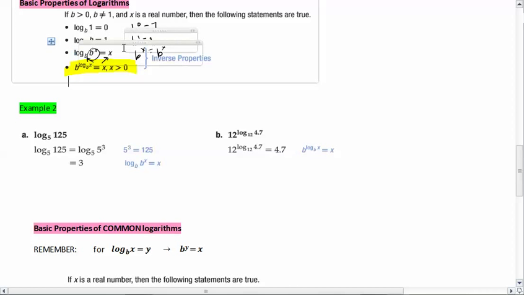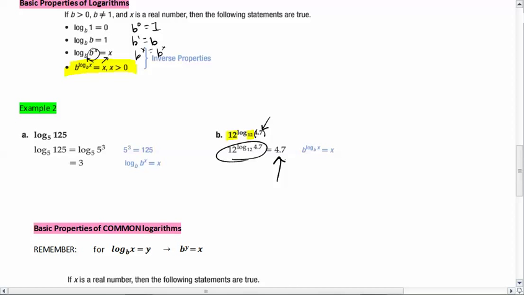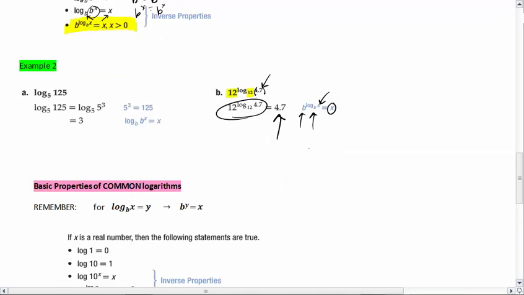So if we have 12 raised to log base 12 of some number, then our answer, when we evaluate this, is that number. We're just going to be left with x, provided that the b out in front is the same as your base.